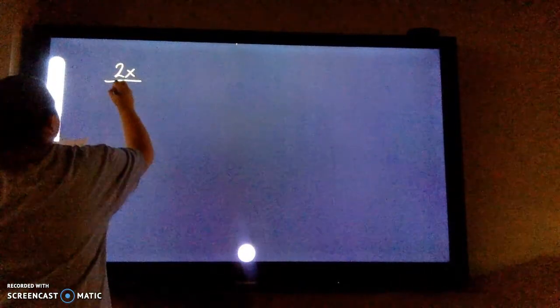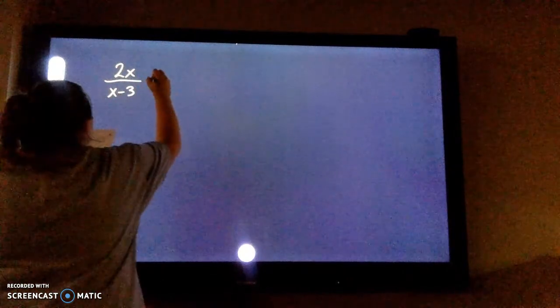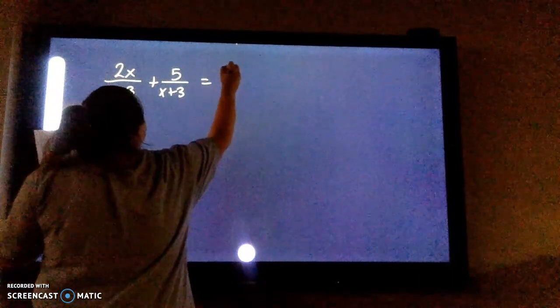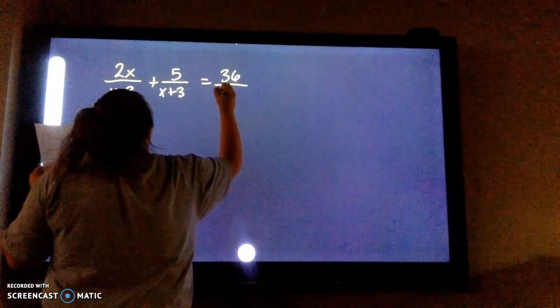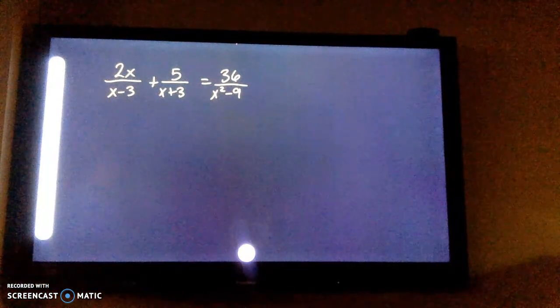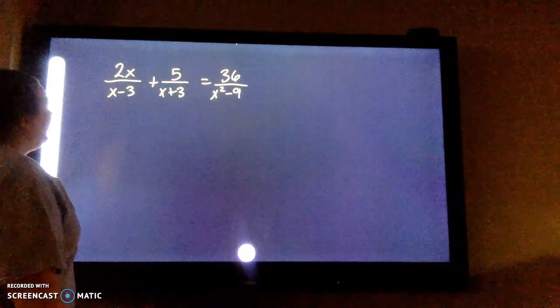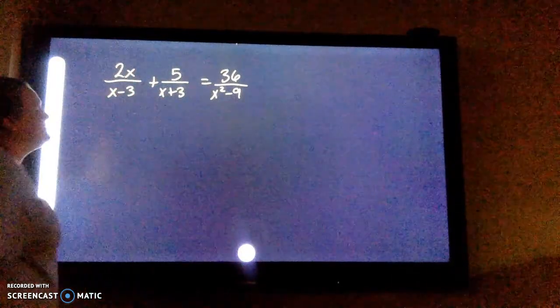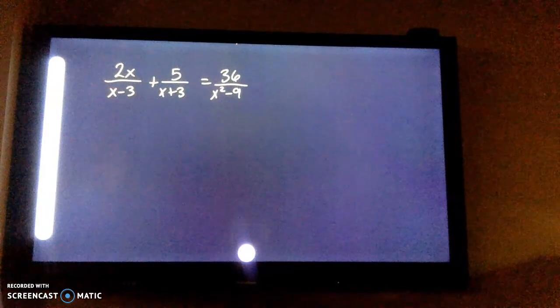Let's go ahead and do a fractional one though, because I know how much you guys like those. So I have 2x over x minus 3 plus 5 over x plus 3, and then equals 36 over x squared minus 9. On the left, I immediately identify that I can multiply this one by x plus 3 and this one by x minus 3, and that's going to give me a common denominator.